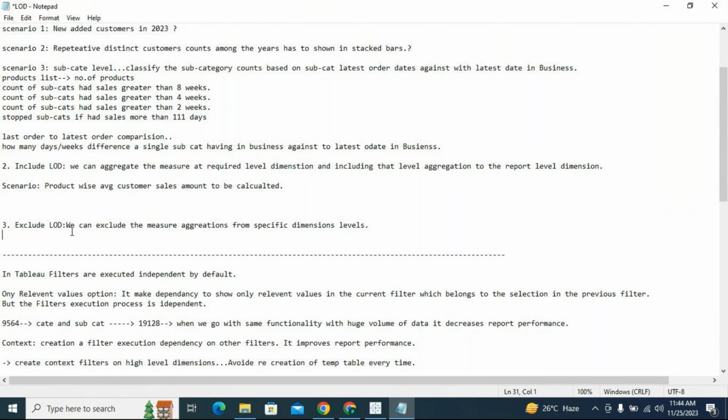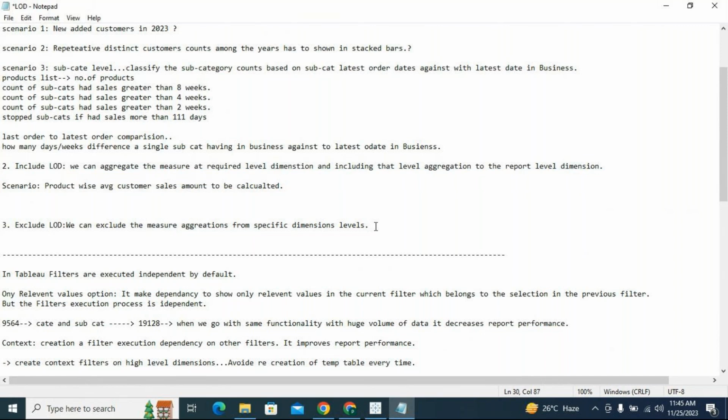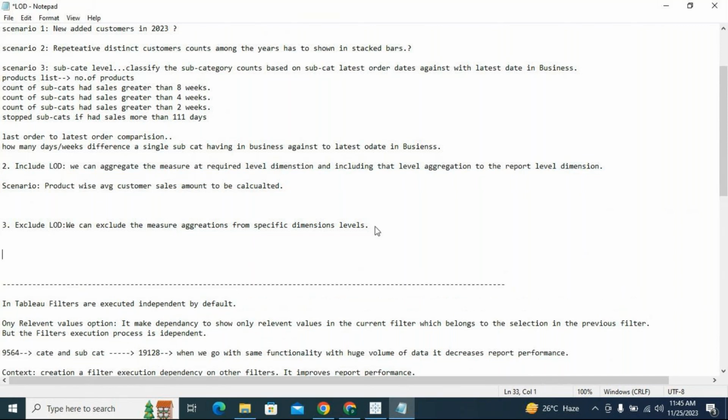It is quite the opposite of include LOD, and moreover this is very rare. We don't use this LOD until we get the right requirement.